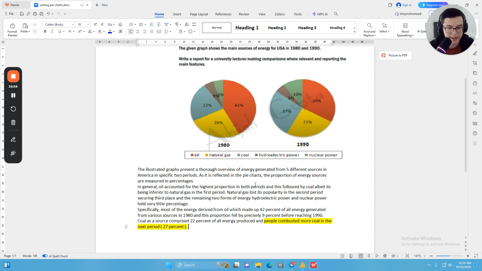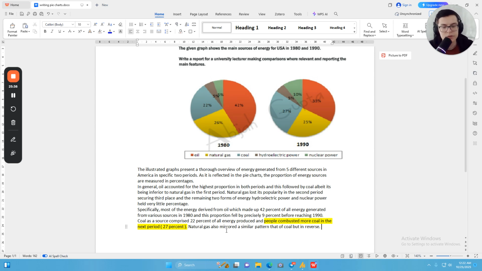And lastly, I have to describe the changes within the usage of the next thing, natural gas. Yes, natural gas also mirrored a similar pattern to that of coal, but in reverse.